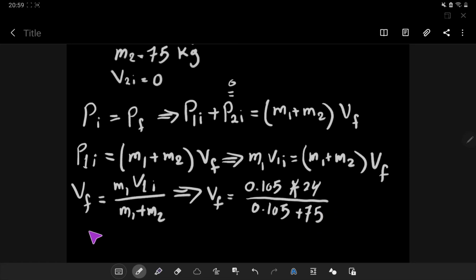By using the calculator, V final will equal 0.034 meter per second. And this is the final result for the velocity, which is 0.034 meter per second.